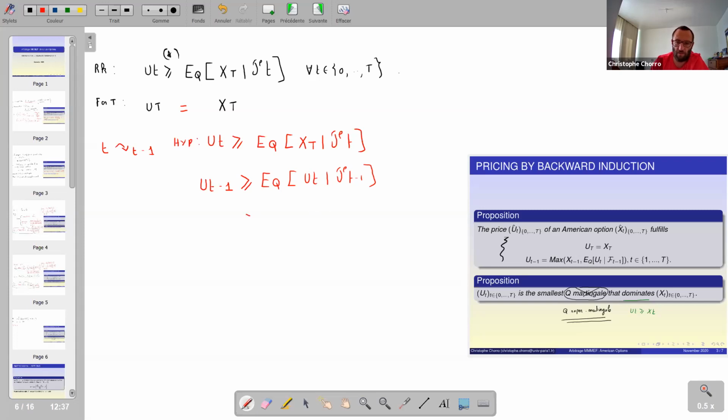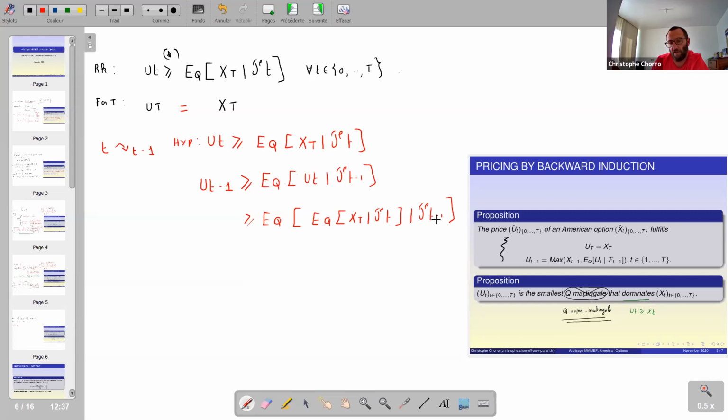Then this one is greater than the expectation under Q of the conditional expectation of xt given ft, given ft minus 1.